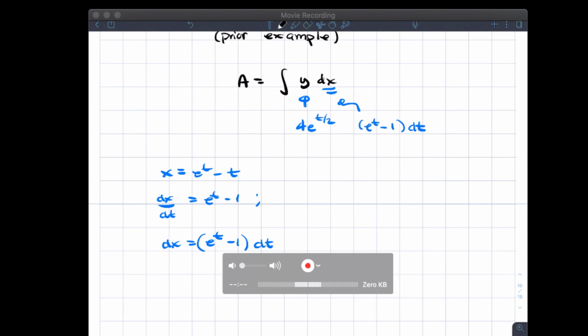So that altogether, we have this area going to be the integral of 4e to the t over 2, times e to the t minus 1, dt. And then t here is going to be, here's the orientation. This is where you have to really be careful.